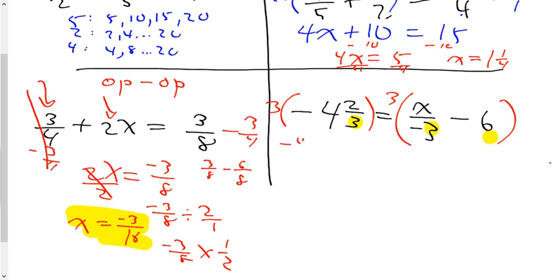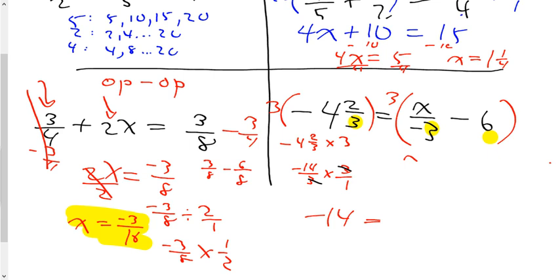So negative 4 2/3, which is negative 14 thirds, multiplied by 3. If I cross reduce here, Bob's your uncle, it gives me just negative 14.